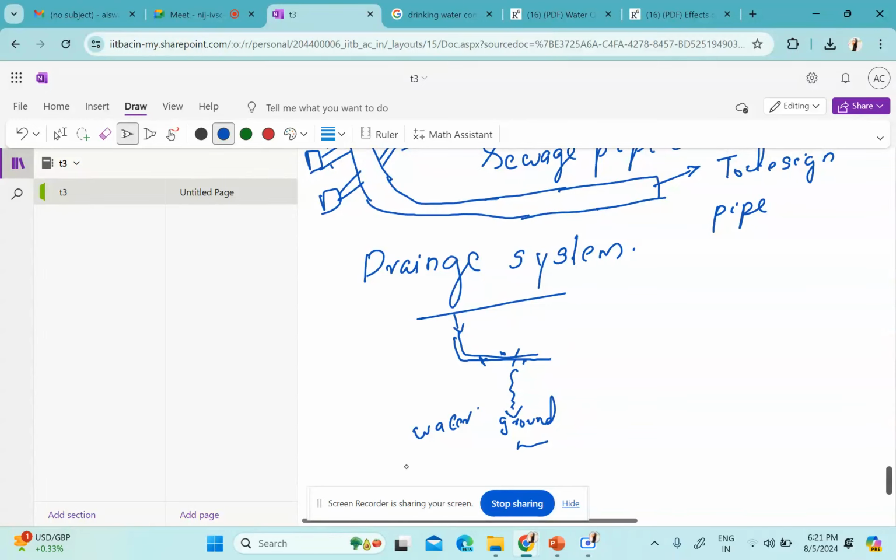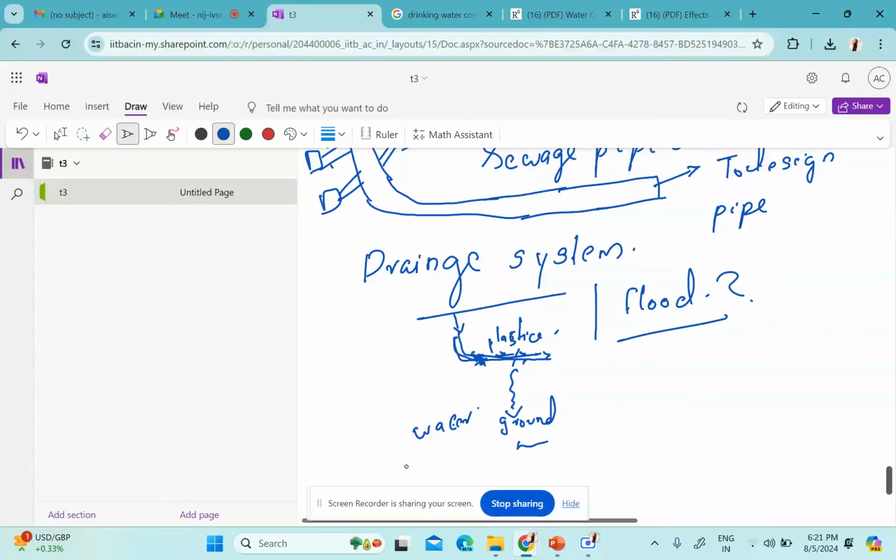Also, as we discussed in the previous class, people throw anything into the drainage system, such as plastics. If plastics come, they will block the flow, and it won't flow properly. Then we also have to talk about floods in cities, which is a major hot topic.